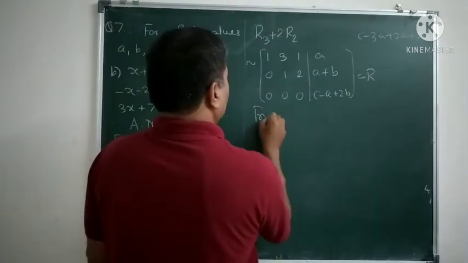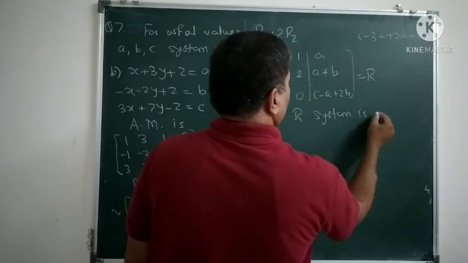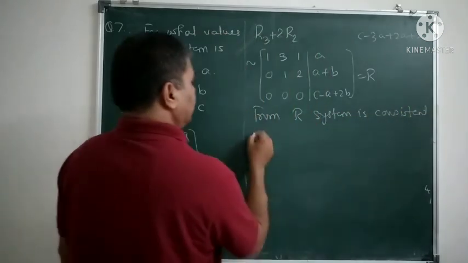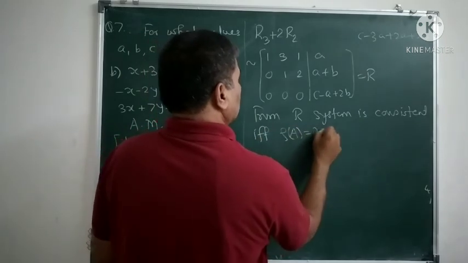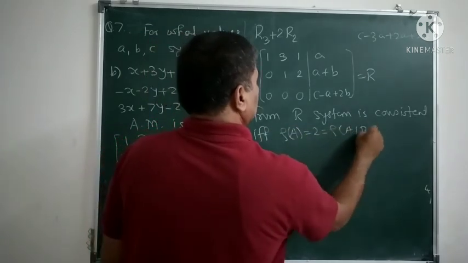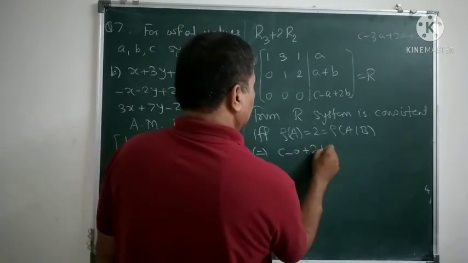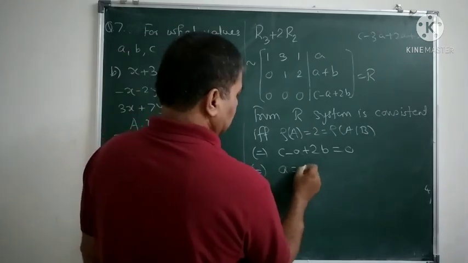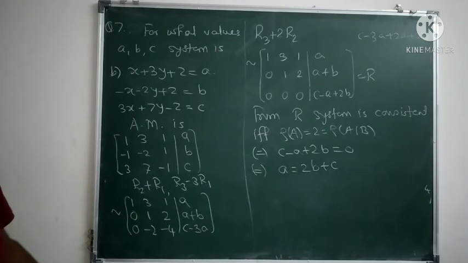From this, the system is consistent if and only if rank A is equal to 2, equal to rank AB, if and only if C minus A plus 2B is equal to 0, if and only if A is equal to 2B plus C, right.